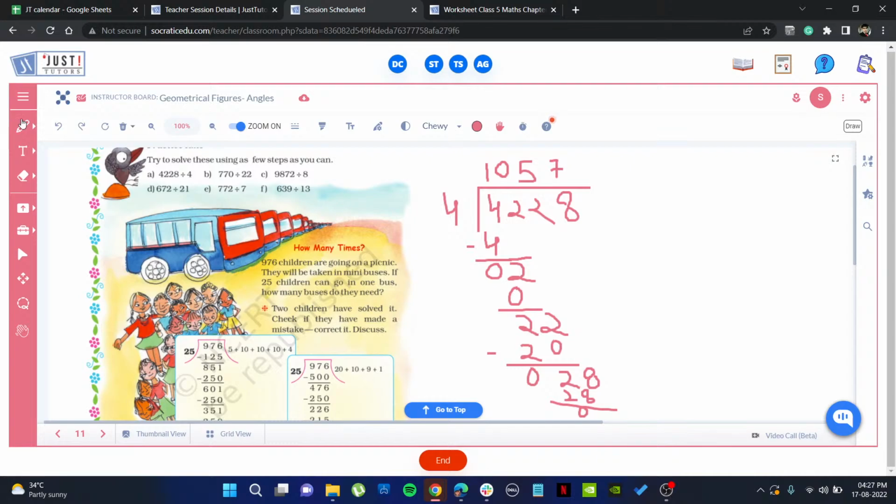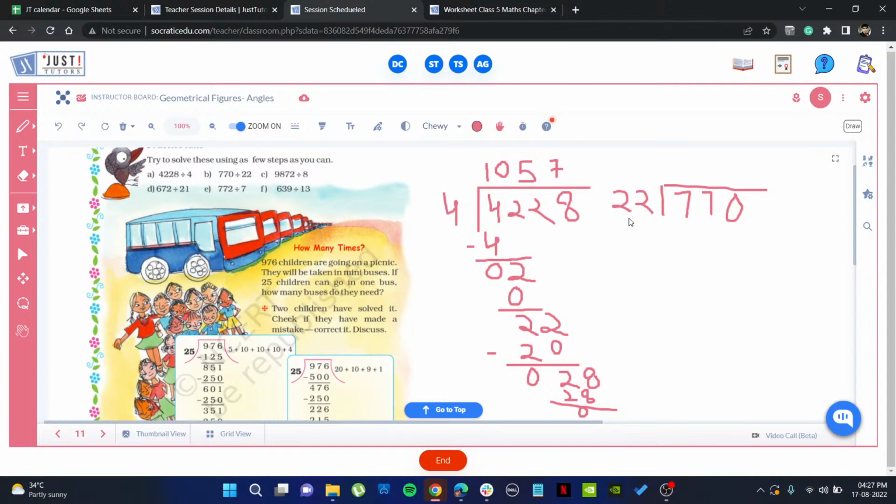Now let's solve for question B. Let's do it here. 770 divided by 22. So the first number which we'll be dividing is 7.